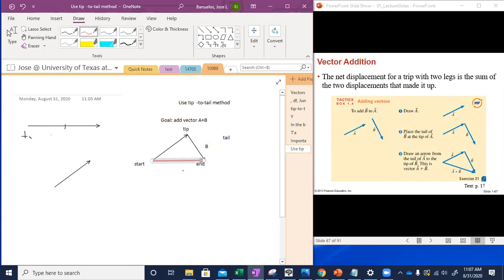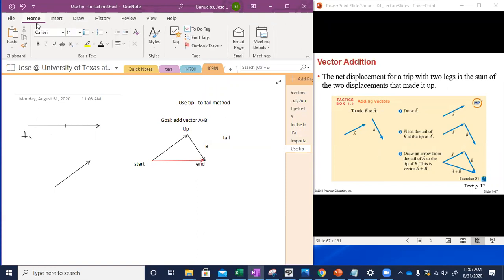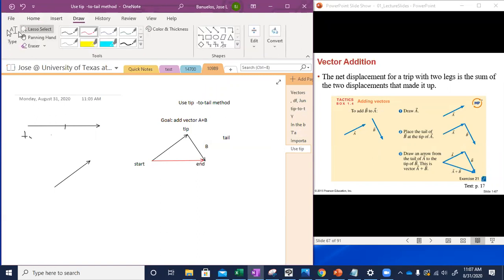That red arrow represents the sum of A plus B. That's what they're illustrating in the graphic here on the right-hand side. Take A, tip to tail put B, and then A plus B connects the start to the end of the drawing.